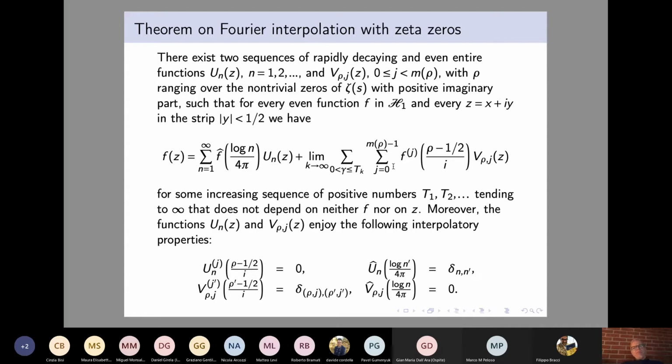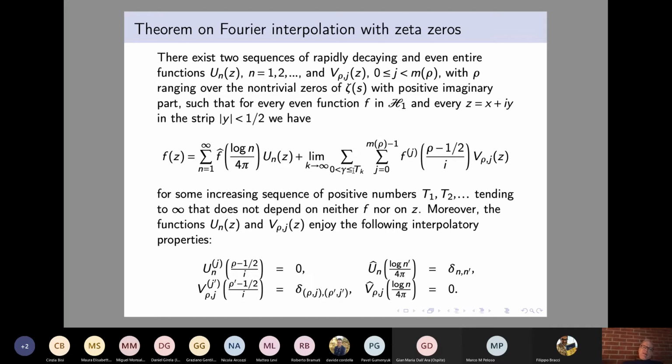So for every zero rho, if the multiplicity is m of rho, we need to take all derivatives up to m of rho minus 1. Again, we have nice basis functions corresponding to each of the zeros rho and multiplicity j. And for some technical reason, I have to be a little bit careful with the summation.